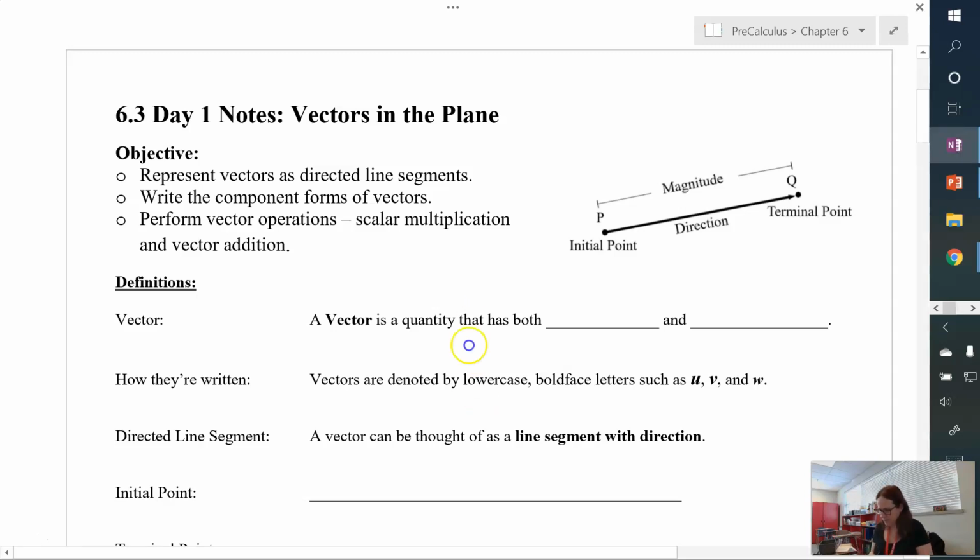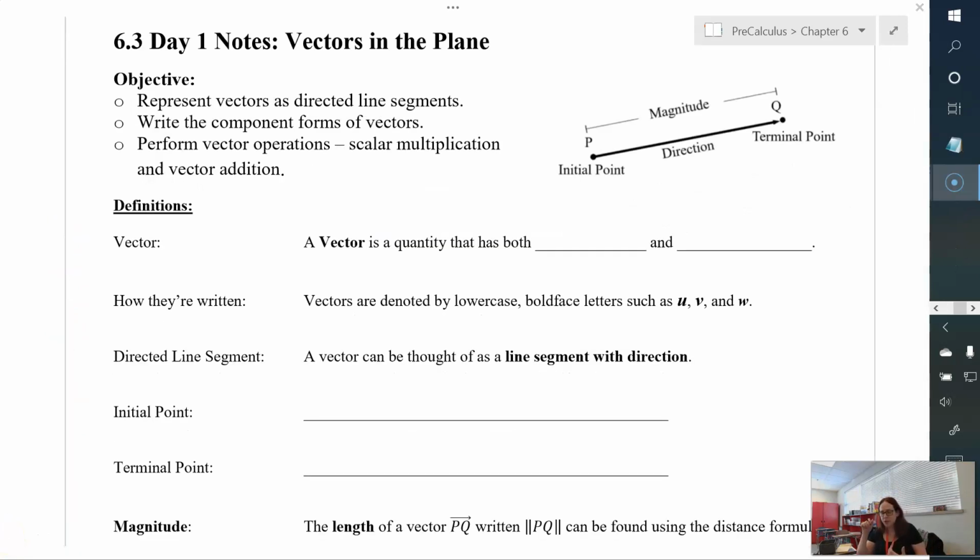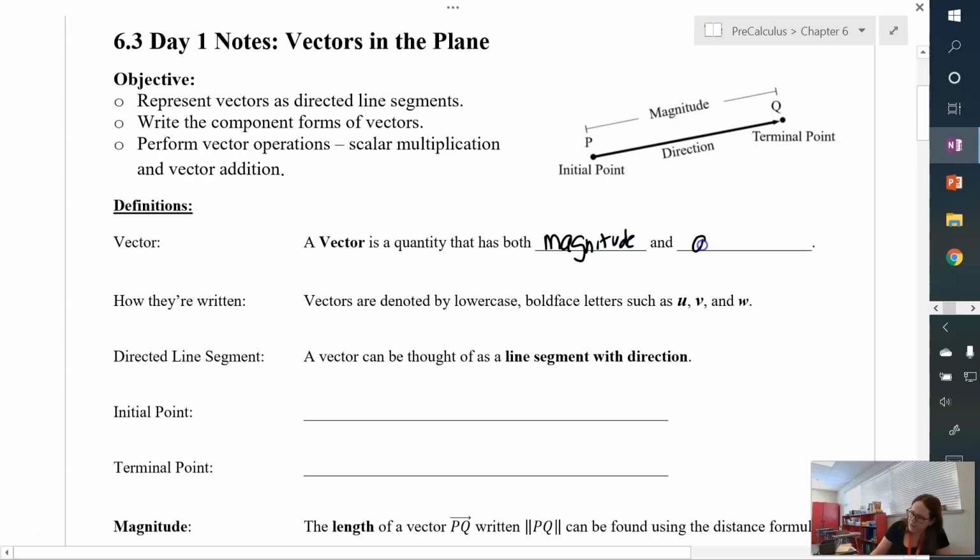So first up, we need to have some definitions. A vector is a quantity that has both a magnitude and a direction. An example of a vector might be velocity, where an air traffic controller has told a pilot, fly your plane at 600 miles per hour, so that's your magnitude, and go due east.